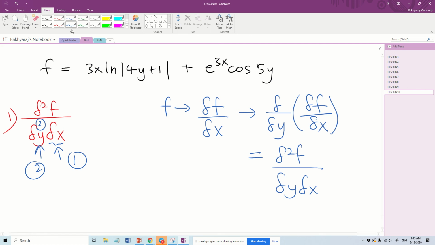So this time again, you have 3x log(4x plus 4y plus 1) plus 3 exponent 3x and cos 5y. So one by one. Get your delta f over delta x.